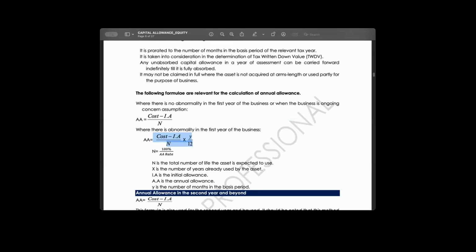So if that is the case, what is Y in this scenario? Y in this scenario is the number of months in which the asset will be put into production use within the basis period. And 12 is the number of months that we're supposed to have on a normal basis.